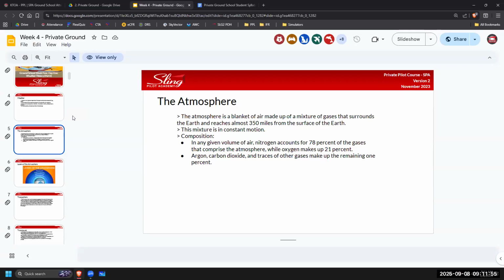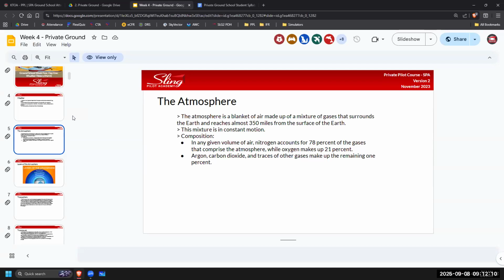You could write down it's almost 350 miles from the surface of the earth, but it's mainly a mixture of gases that surrounds the earth, that is like a fluid and it's in constant motion.